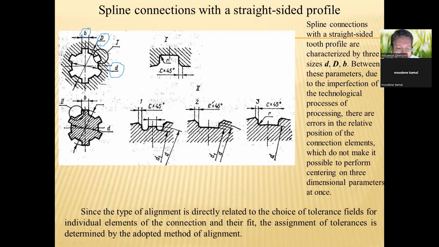Since the type of alignment is directly related to the choice of tolerance fields for individual elements of the connection and their fit, the assessment of tolerances is determined by the adopted method of alignment.